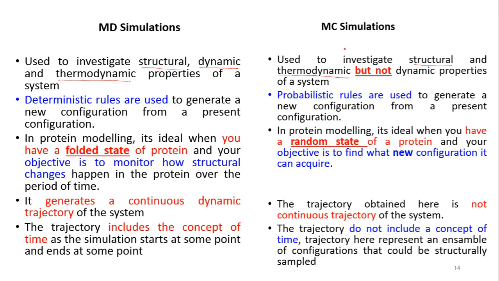Okay, the second difference lies in the fact that deterministic rules are used to generate a new conformation from the present conformation.